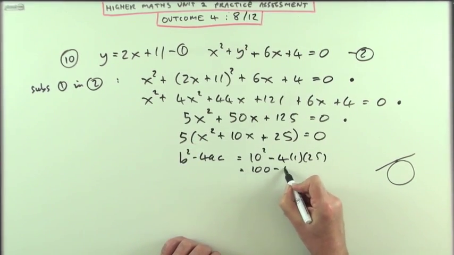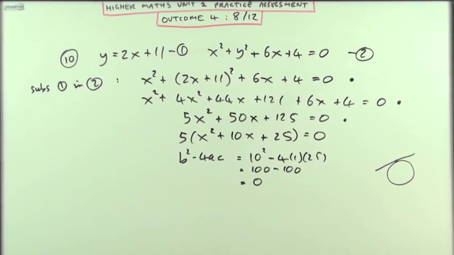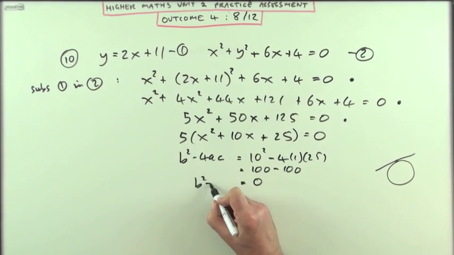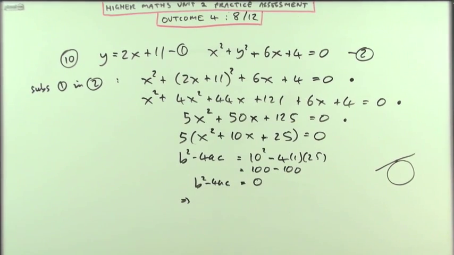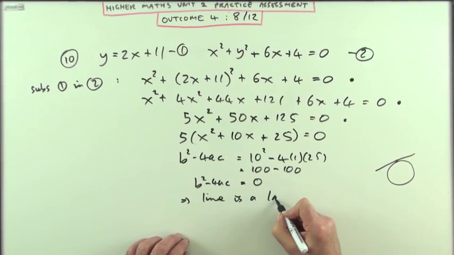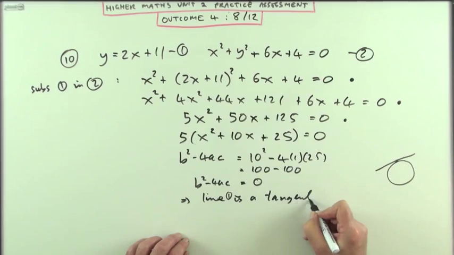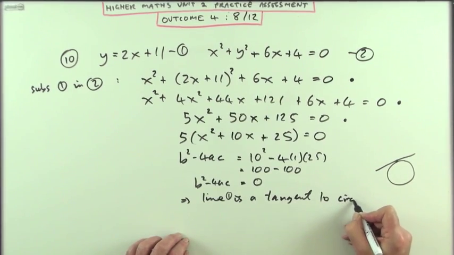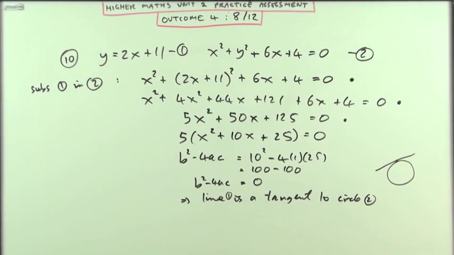So that's 100 minus 100, which equals 0. I've got b squared minus 4ac equals 0, which means, as before, the line is a tangent, or line 1 is a tangent to circle 2, or just line is a tangent.